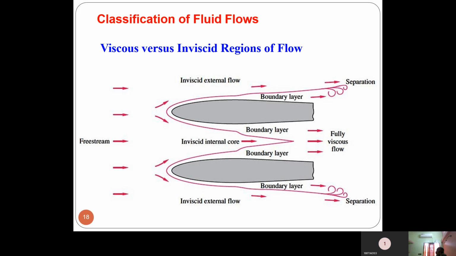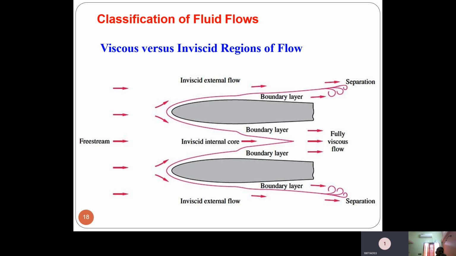So here it is internal. This is the core. Between these two layers is the inviscid internal flow. Here also, the viscous effects are negligible.